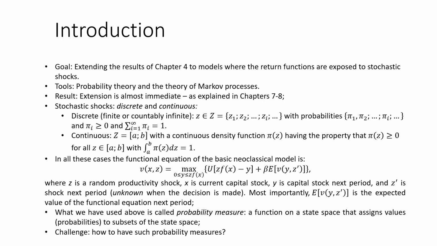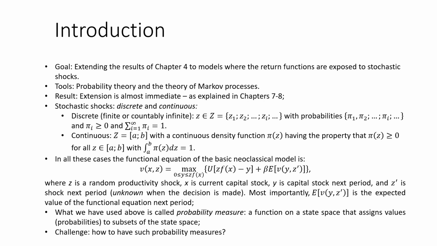Our ultimate goal is to use the results of chapter 4 in these cases, and to do so we need some probability theory and the theory of Markov processes to see that the extension can be almost immediate. So we will need to do some groundwork, but in the end we will see that the extension is not too demanding and it's almost immediate.